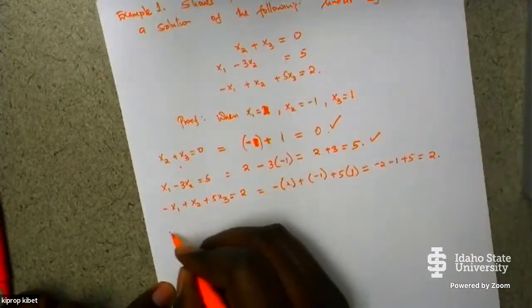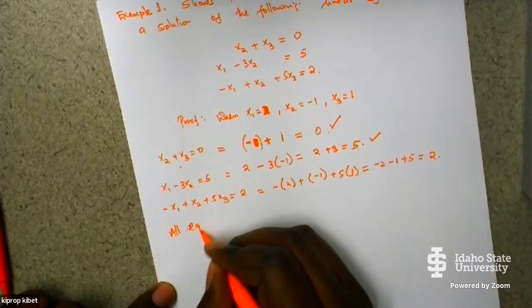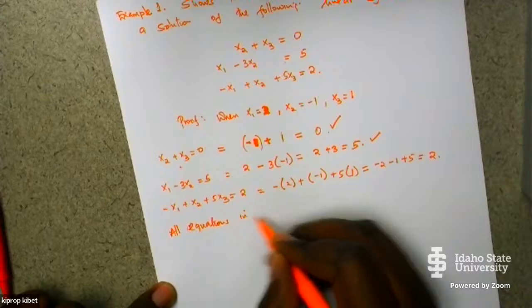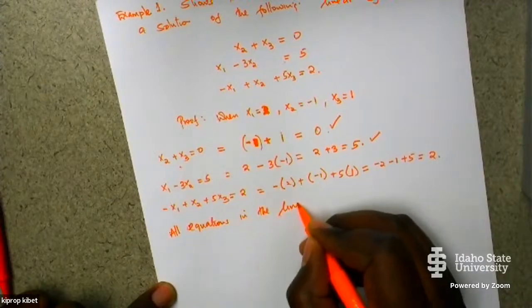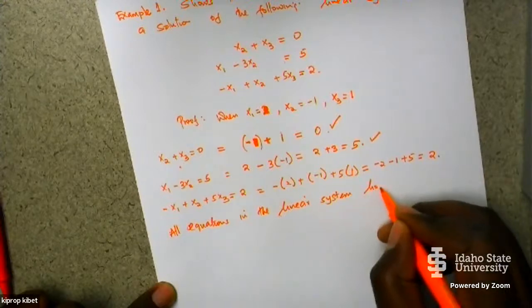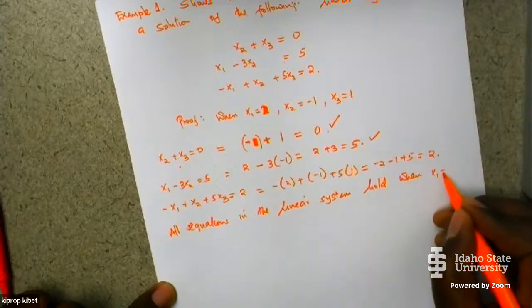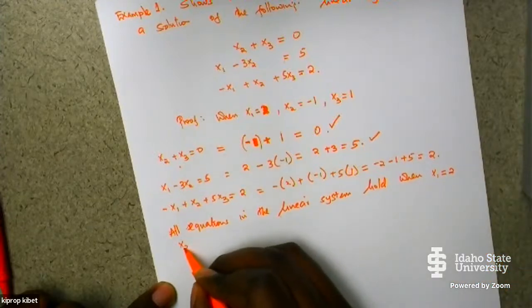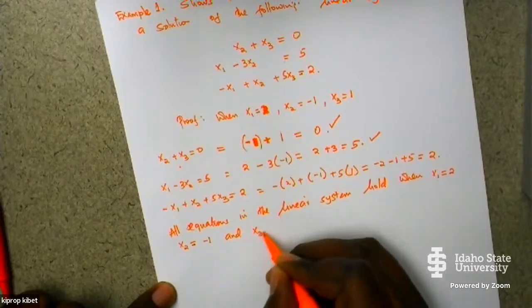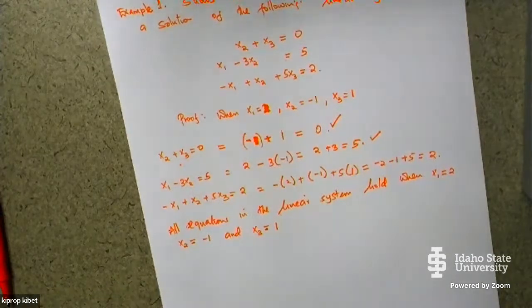So we can say that all equations in the linear system hold when x1 equals 2, x2 equals negative 1, and x3 equals 1.